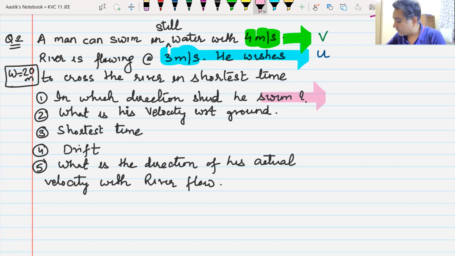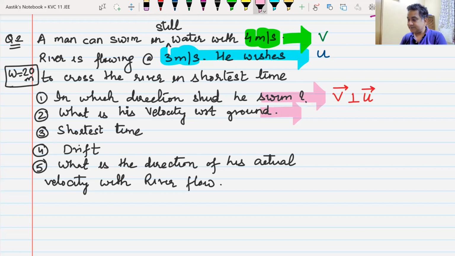Okay, so his velocity with respect to the river, V, must be perpendicular to the river flow. Do we understand this? Yes or no?